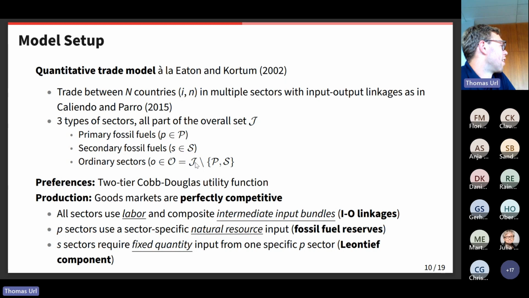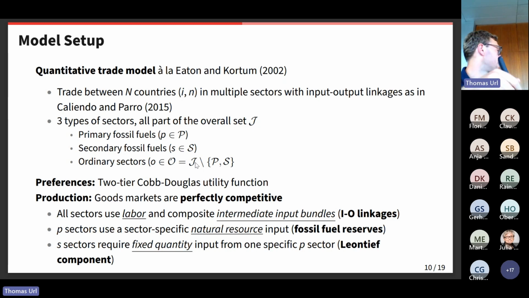I can tell you. So the normal production function is Cobb-Douglas. So you can substitute between inputs. So all other sectors also need some primary and secondary fossil fuel sectors as their inputs, but you can substitute between them. While for the S sector, we have a Leontief production function, so there's no substitutability.